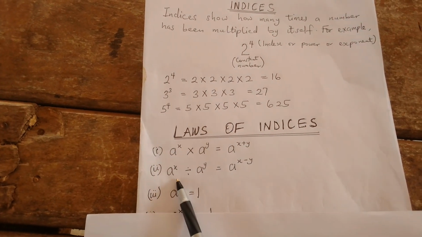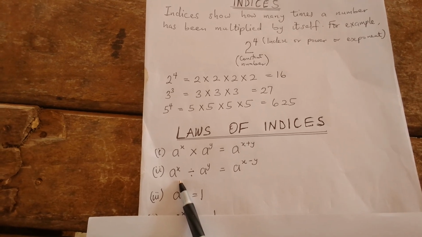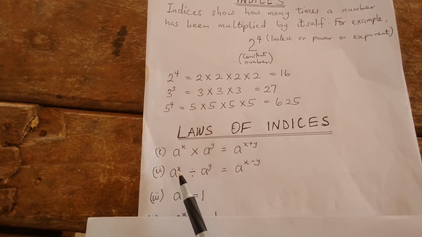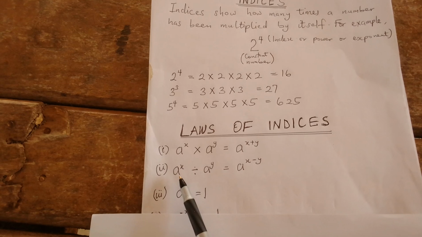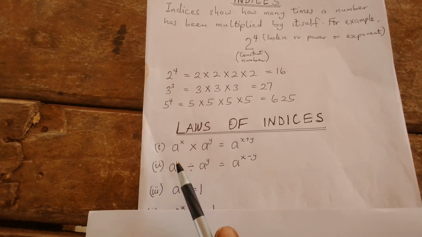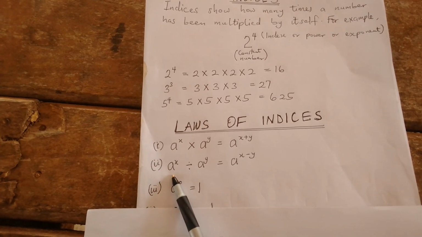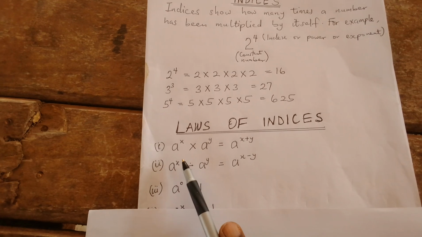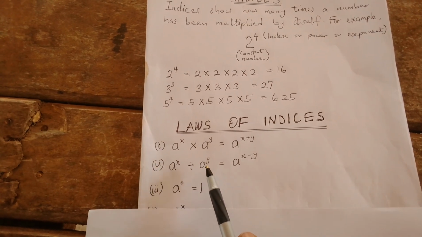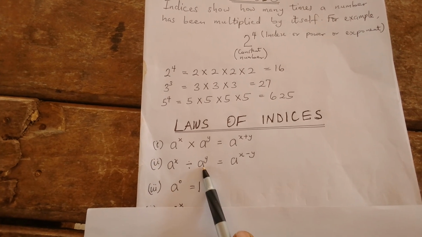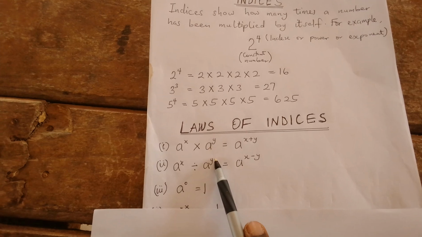Now also we have the division law. The division law says that when you are having a raised power x, a is a constant number which is having a power of x, and this a is another constant number having a power of y.